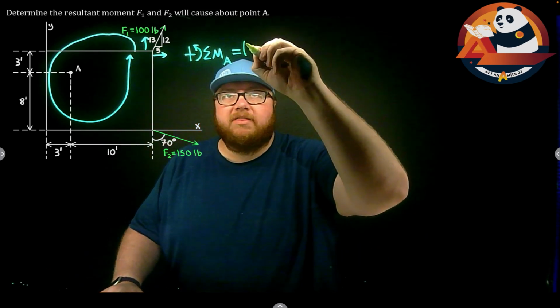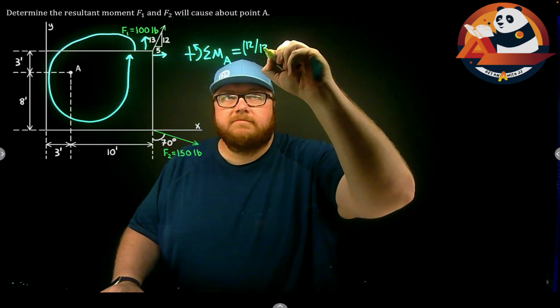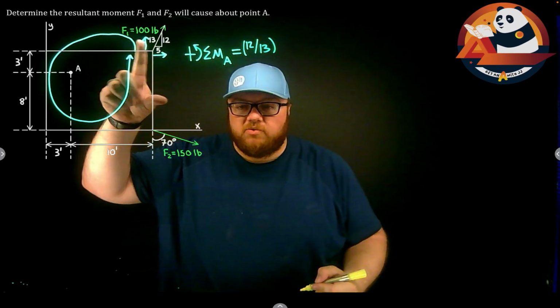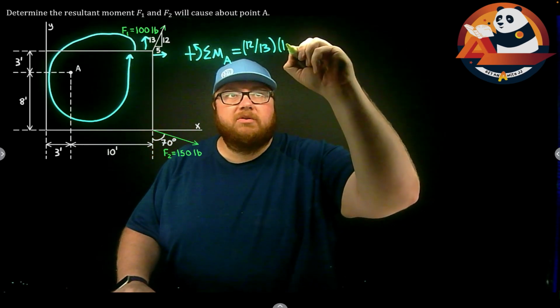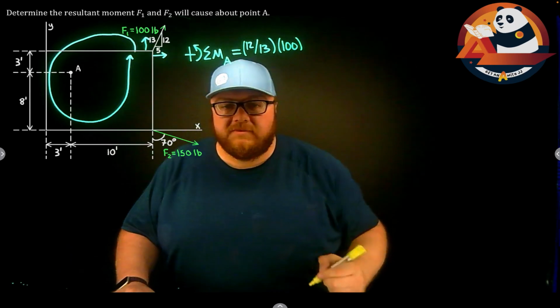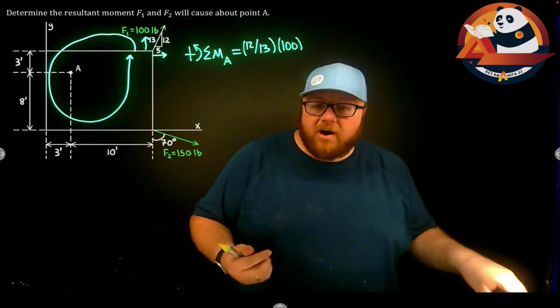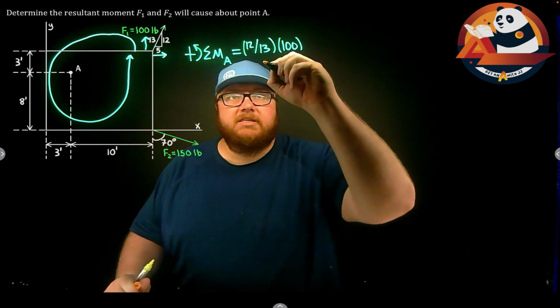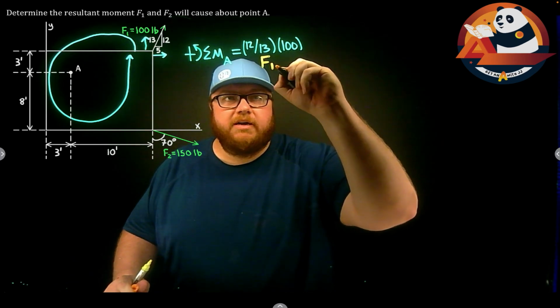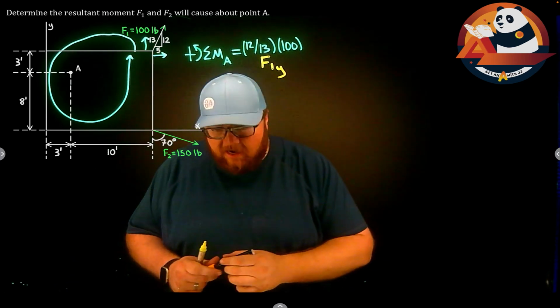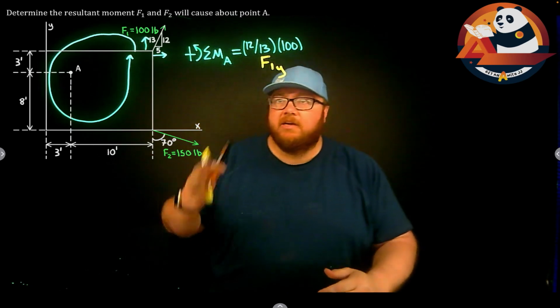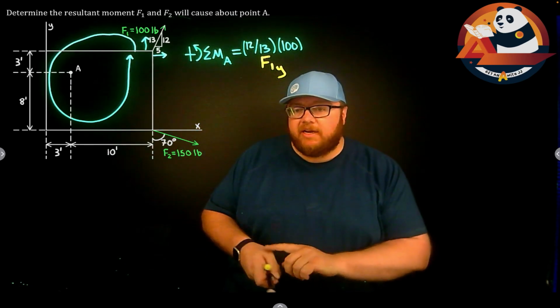F1Y is 12/13 of my force, 100, times 100. That's so far all that I've gotten in here. This is just F1Y. To keep going with that, I need for moment force times a perpendicular distance.